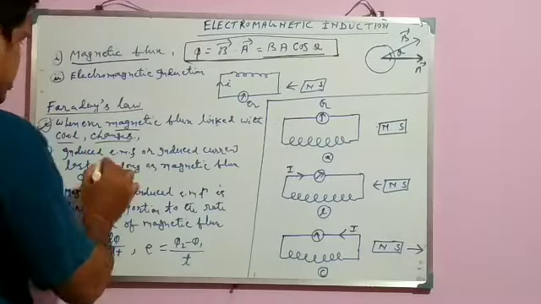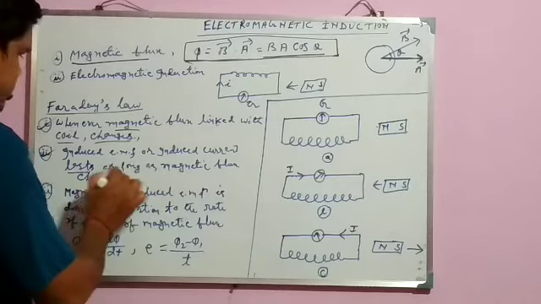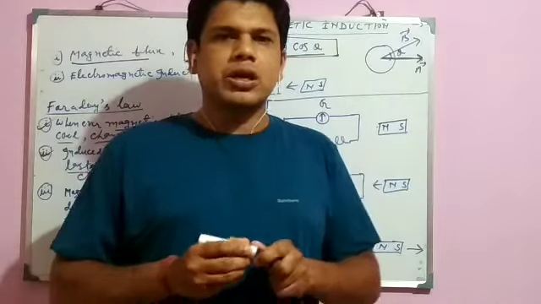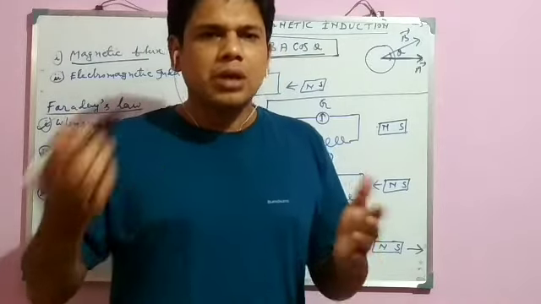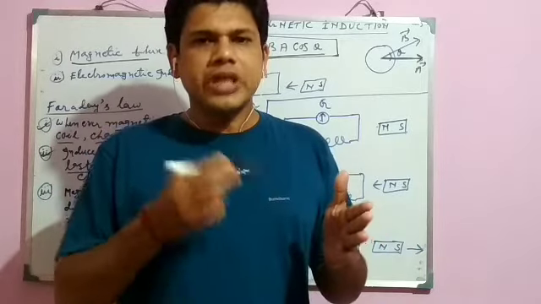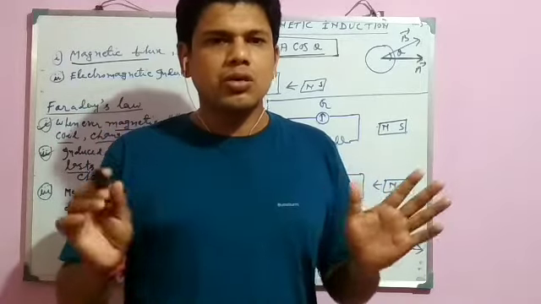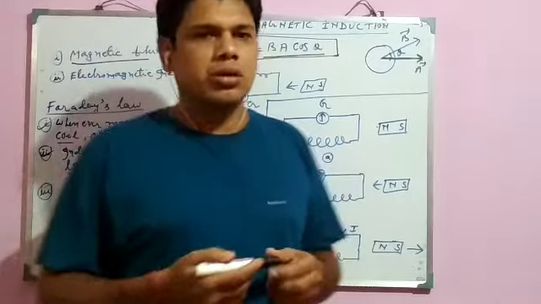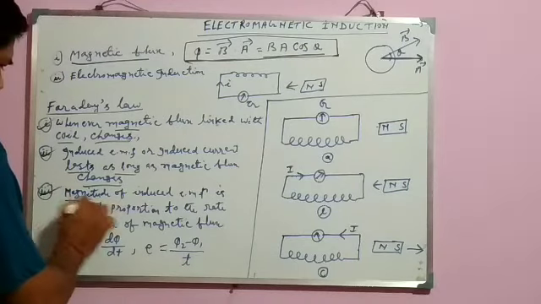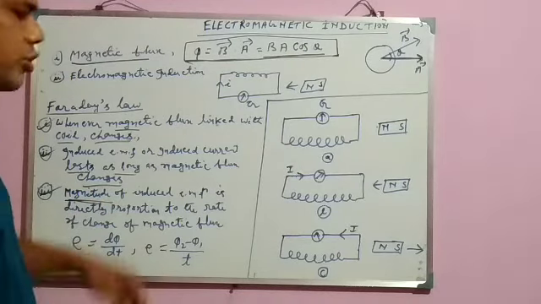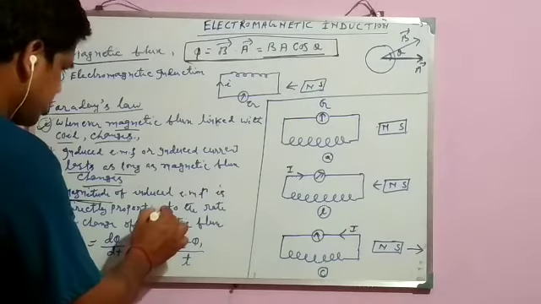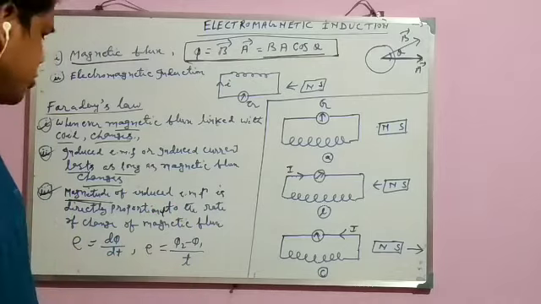The second: induced EMF or induced current lasts as long as the magnetic flux changes, otherwise it will not last. And number three, very important, the magnitude: the magnitude of induced EMF is directly proportional to the rate of change of magnetic flux.